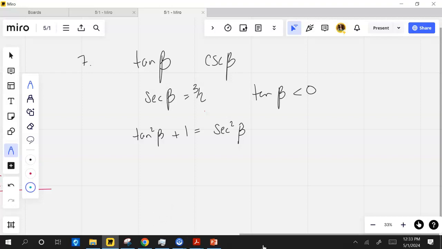Plug in what you know. So tan squared plus 1.